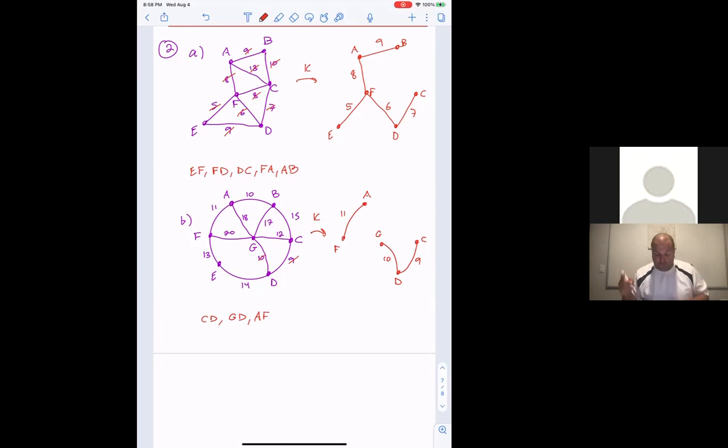Prim cares. Kruskal does not. Next, I have a 12, but that forms a cycle. Next, I have a 13, F to E. Next, I have a 14, E to D. Next, I have a 15, B to C. 17 forms a cycle, 18 forms a cycle, and 20 forms a cycle.